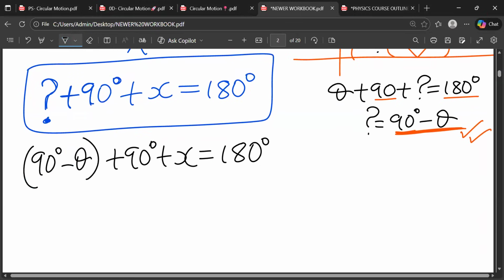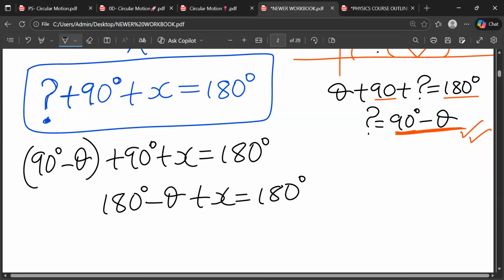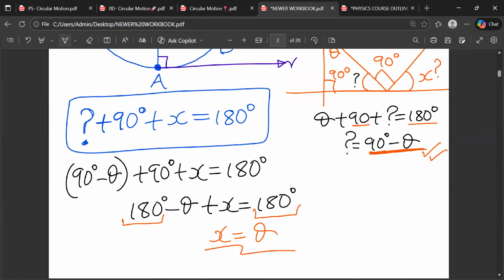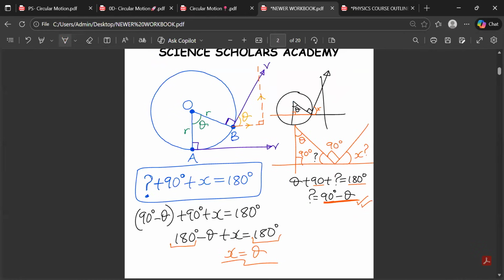Remember, I want x. 90 and 90 is 180, minus theta plus x equaling 180. I don't know whether people see this one cancelling. This one cancels with that, isn't it? Then my x is theta. Do you see that? Do you see why our x is theta finally?